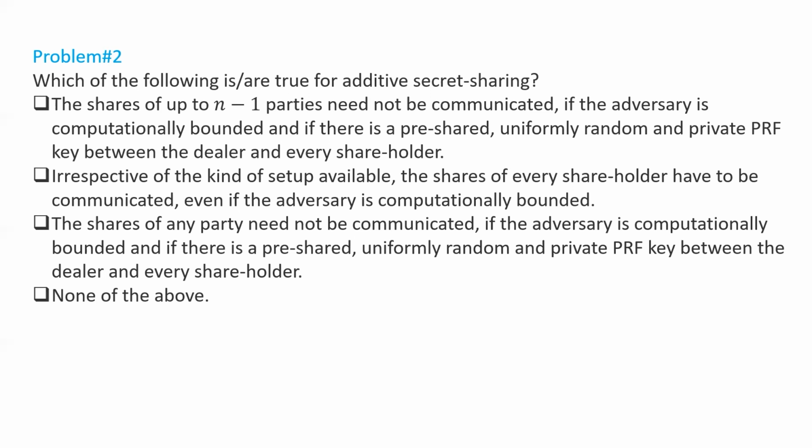So after n-1 such secret shares are generated uniformly randomly from the key space K, the last share Sn corresponding to the party Pn is computed as the original secret S minus the summation of all the Si for i equal to 1 to n-1. That is how the last secret share Sn is computed.